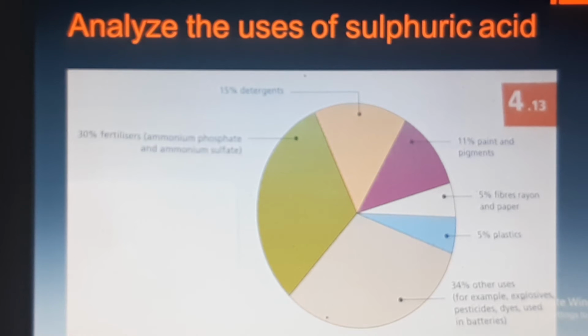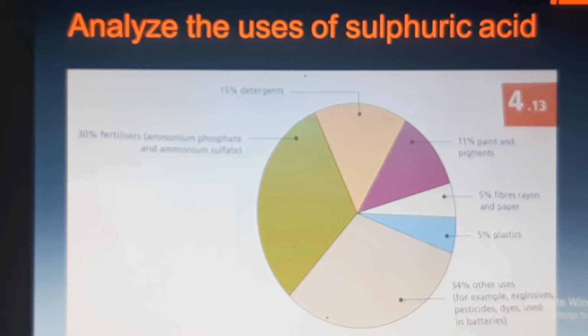What is the most use of sulfuric acid? It is for making fertilizer. That is the single use. Single use means 30 percent of all the sulfuric acid is used for making fertilizer. The 34 percent covers so many uses, but the 30 percent is for only fertilizers.